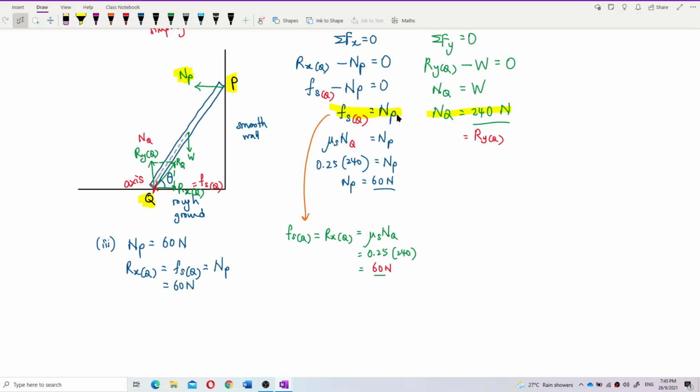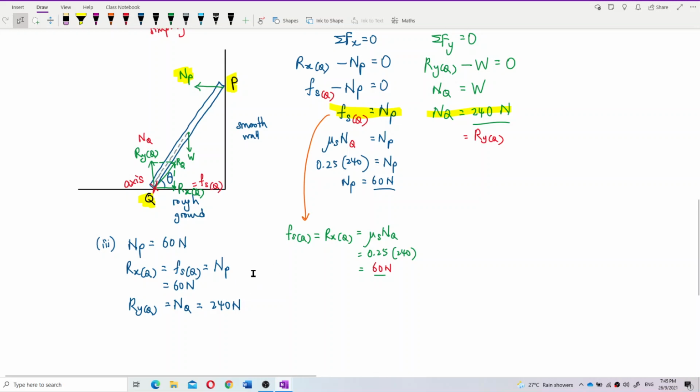And then the last thing is the normal force for Q. We got it is equal to the weight, 240 Newton. I want to write it in a better way. This here is the RYQ. RYQ is the normal force for Q, which is 240 Newton.